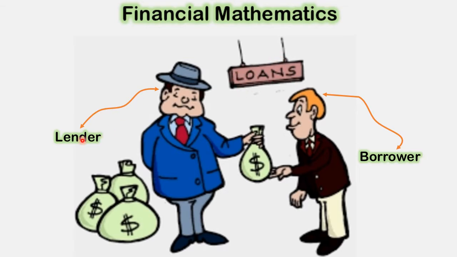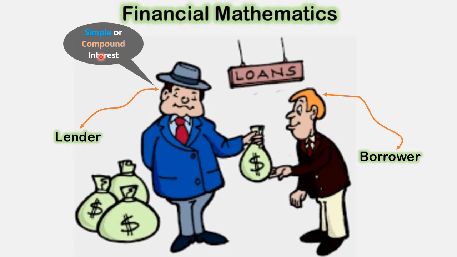So it means the lender technically is investing in the borrower, because the lender always asks questions. When you borrow money as a borrower, the lender will determine whether it's lending you the money on simple or compound interest.